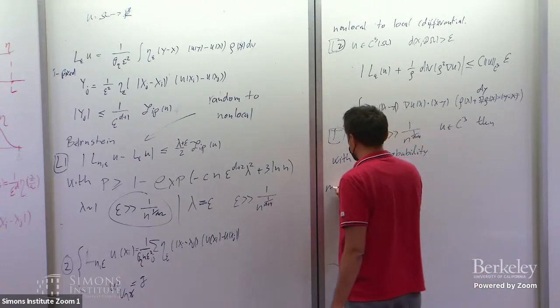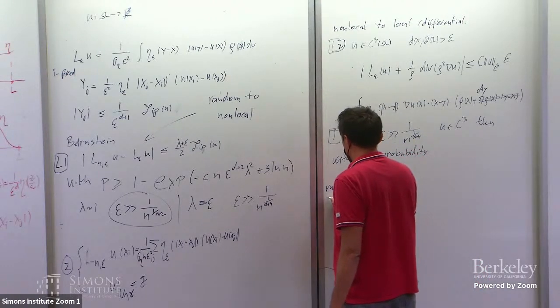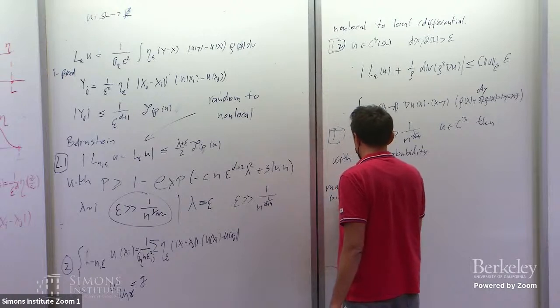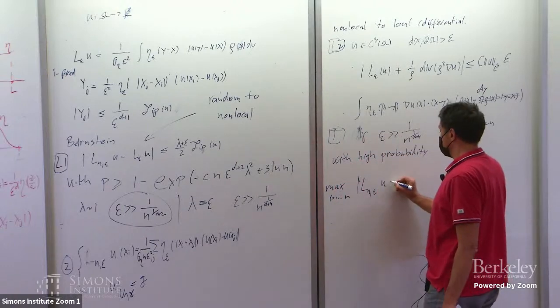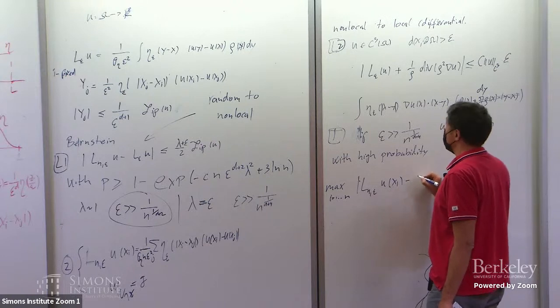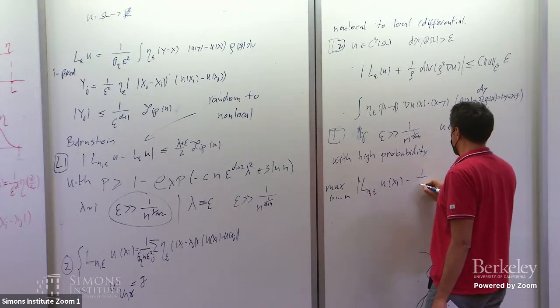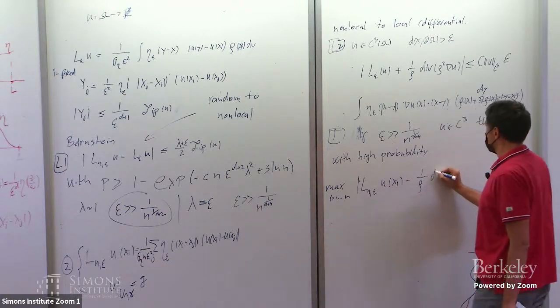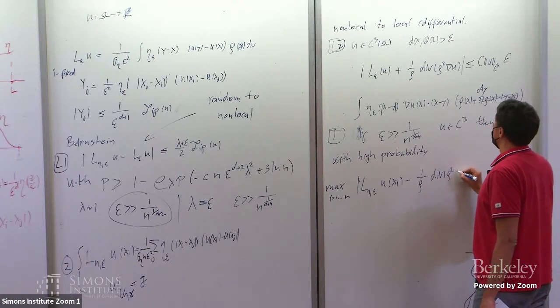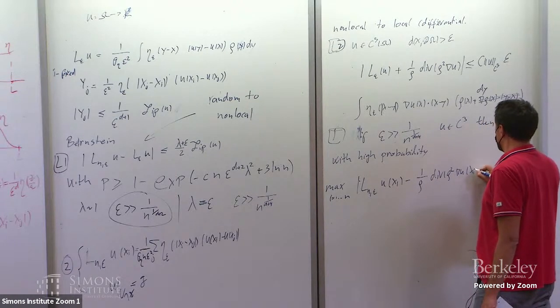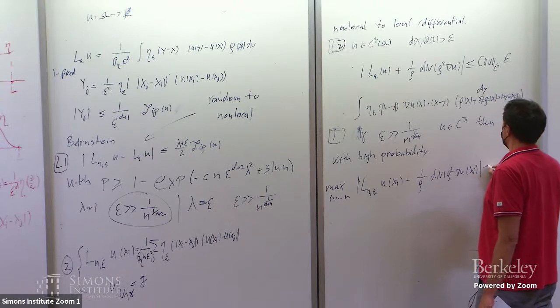We have that the maximum over i going from 1 to n of this quantity, evaluated at xi, minus the operator at xi, is going to be less than the sum of these two terms.